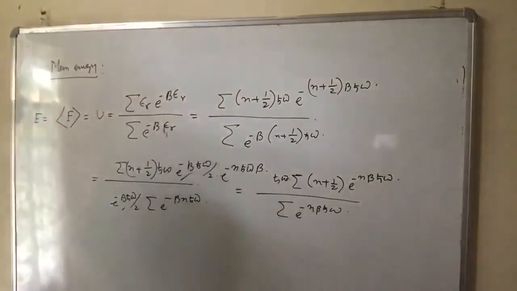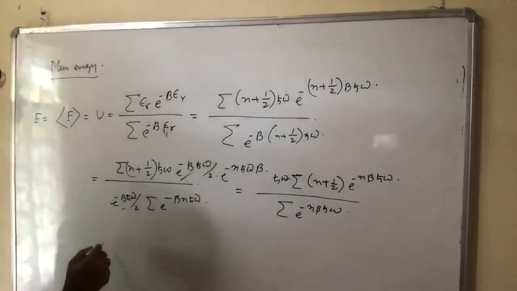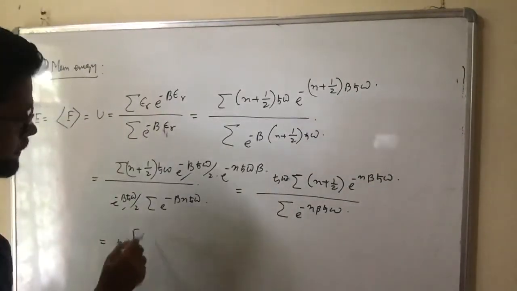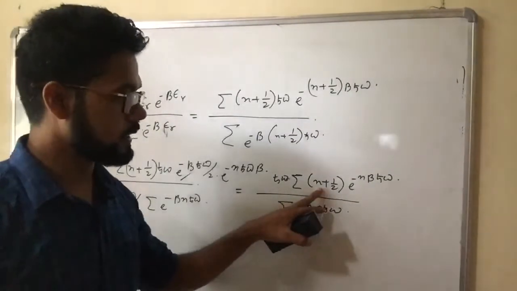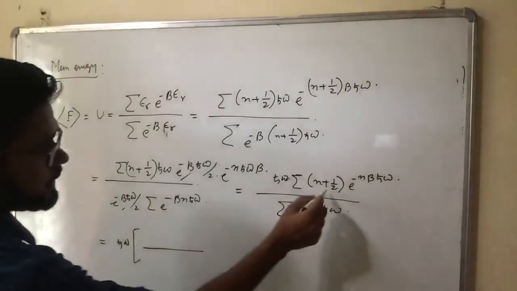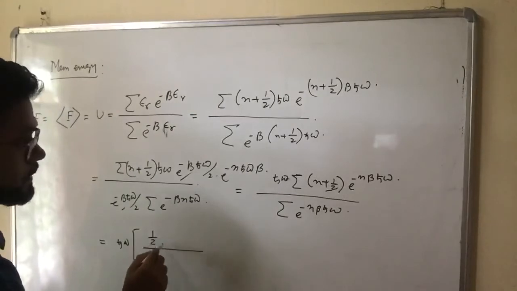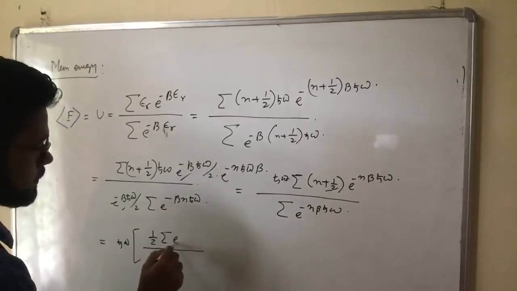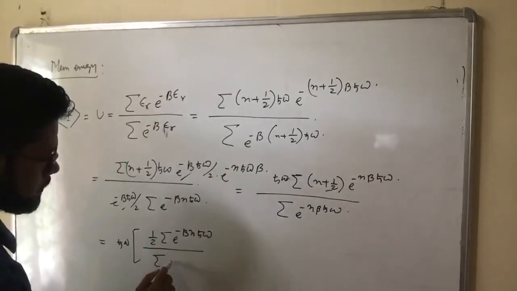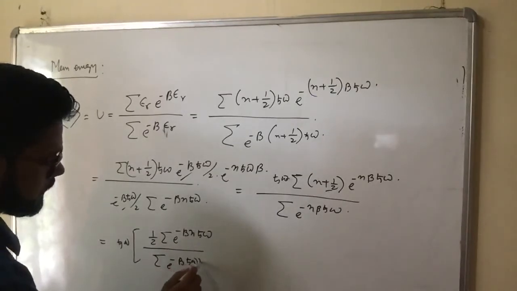Clear? Okay. What happens in the next step? ħω is already there. So for the next term, first you have to do this calculation. Next I can expand. See, the second time I am writing, first the half is there, sum of e to the power minus βnħω.